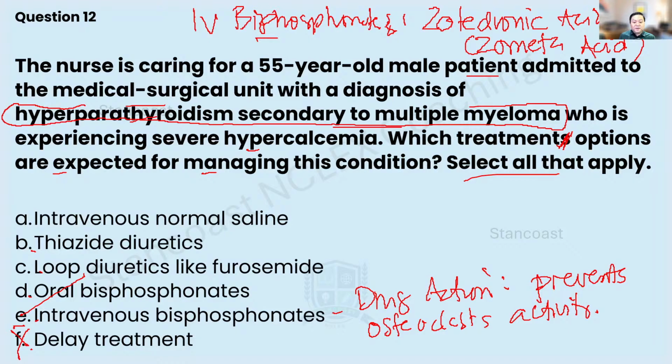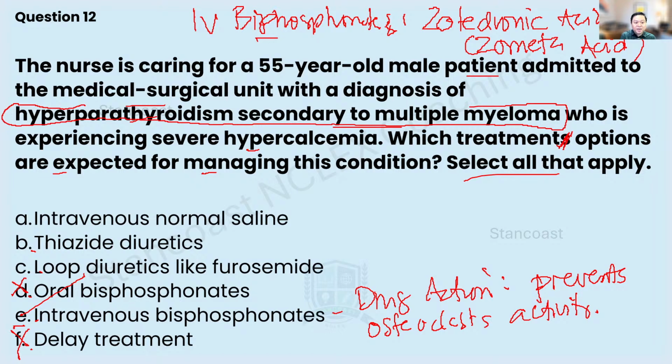The oral biphosphonates are actually helpful as well in treating the hyperparathyroidism, but in a case of a patient that has severe hypercalcemia, this is not really the drug of choice this time, because it will not have a much rapid effect into the regulation of the calcium. So we are going to eliminate oral biphosphonate.